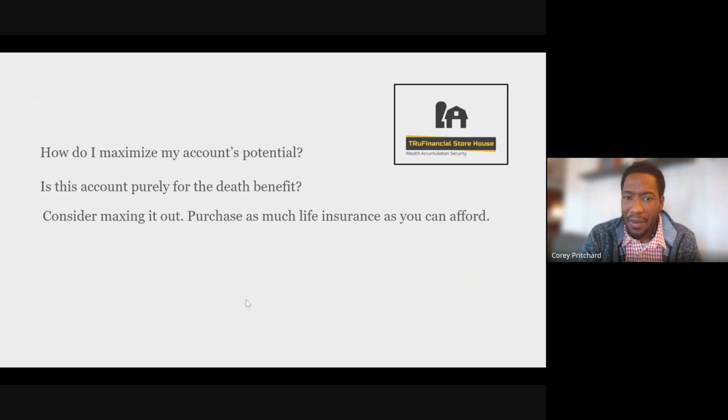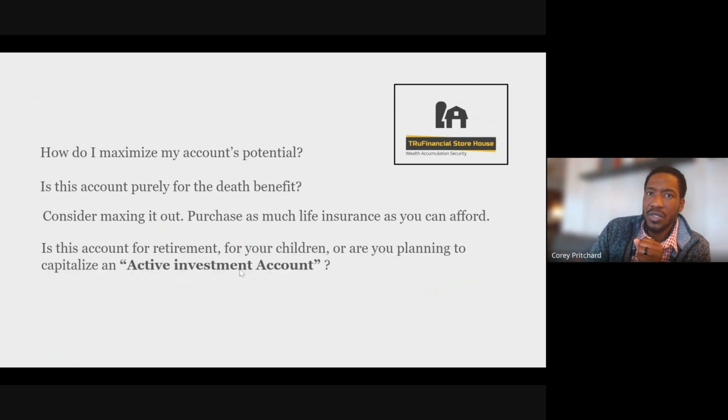Okay. So what I'm saying is that if your goal is not just the death benefit, if you are looking at being able to use this as an active investment account, as a retirement account, or being able to fund for future needs of your children, then as you are able to do more, right? Again, I'm telling you that between 80 and 90% of your premium is going into your sub account, right?